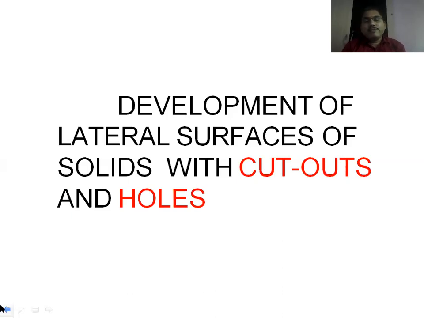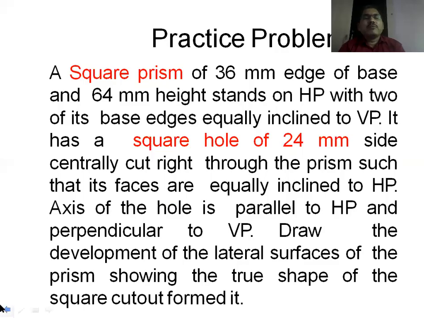But if a solid is cut by another solid, suppose there is a cone and it is cut by a cylinder, that means a cylindrical hole is there in a cone, or a square pyramid is cut by a triangular prism, then you have to draw the development of this cut hole or cut portion. How to draw it? We'll see one problem.